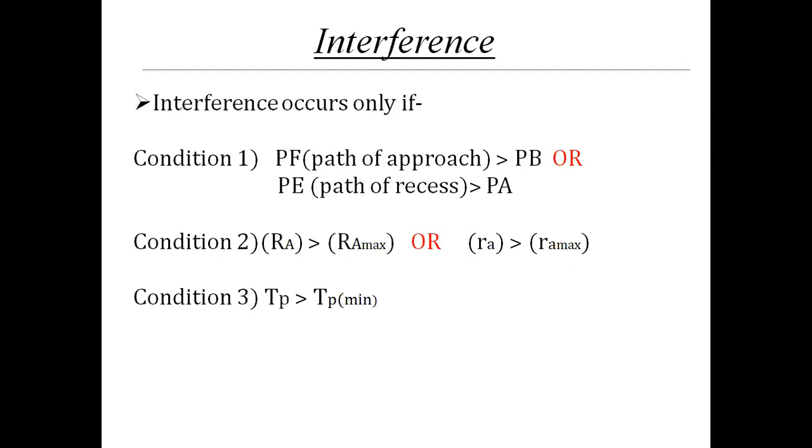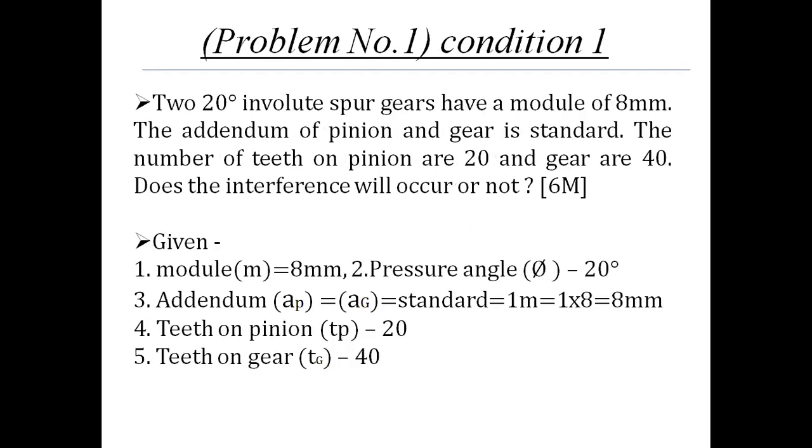So come to our problem number 1, which is related to condition 1. If the path of approach is greater than PB, at that time interference will occur. The problem statement is: a 20-degree involute spur gear has a module of 8 mm.